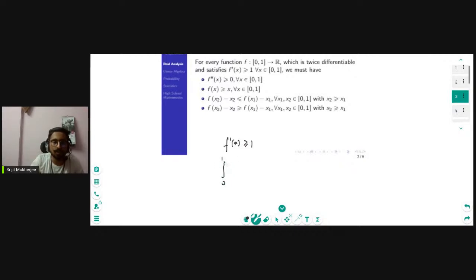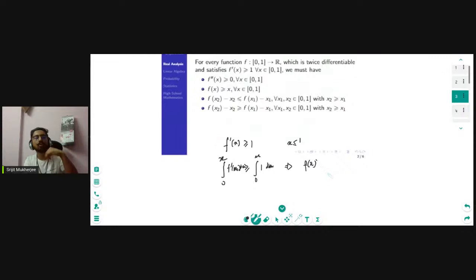Let's say from 0 to 1, f dash x dx is greater than or equal to the integral from 0 to x of 1 dx. So we get f of x, let's call it u, du, because of the same variable.